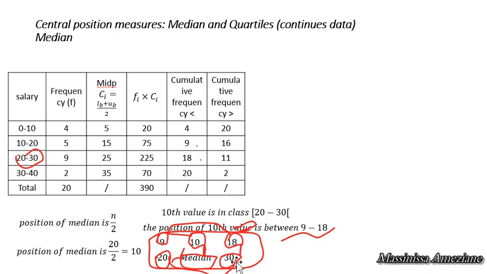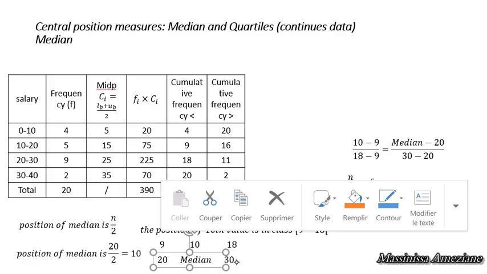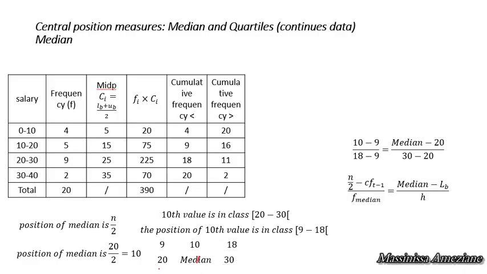Let's check it here. So it is 10 minus 9 divided by 18 minus 9 equals the median minus 20, the distance from the median to 20, divided by 30 minus 20, the distance from 30 to 20.